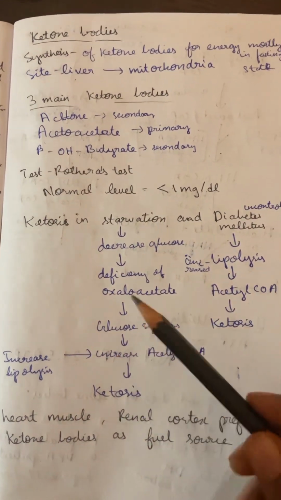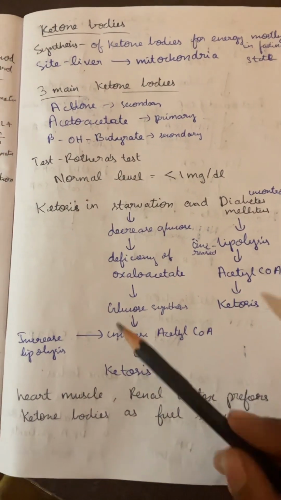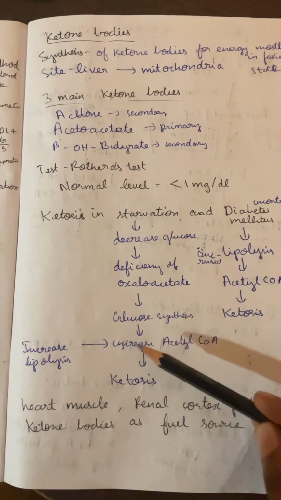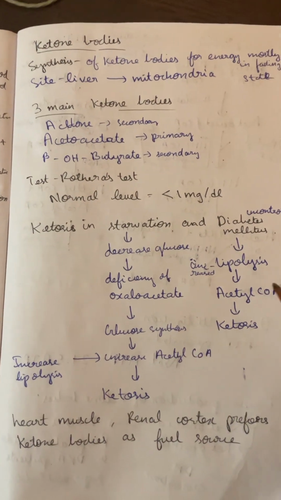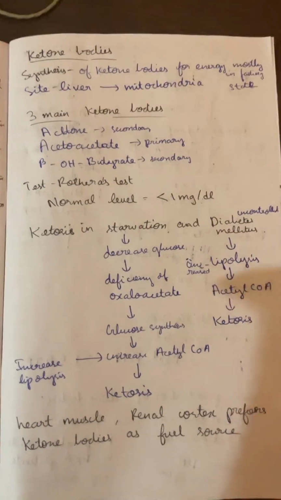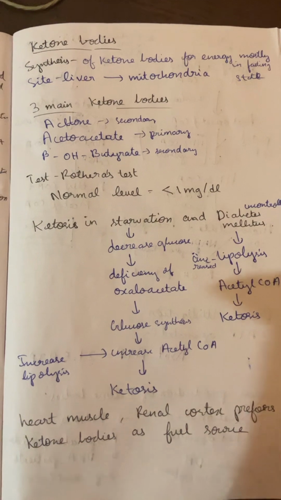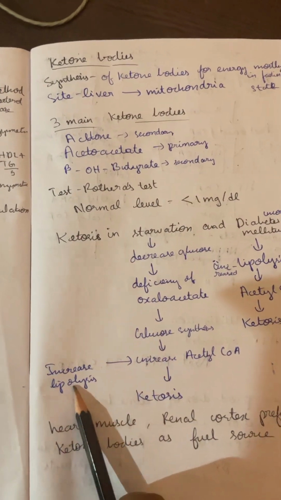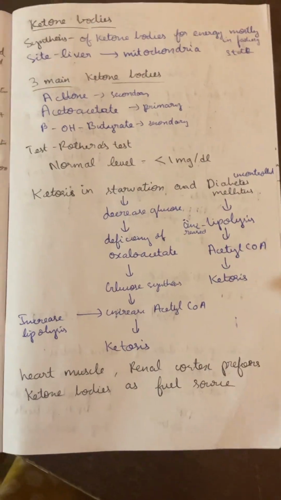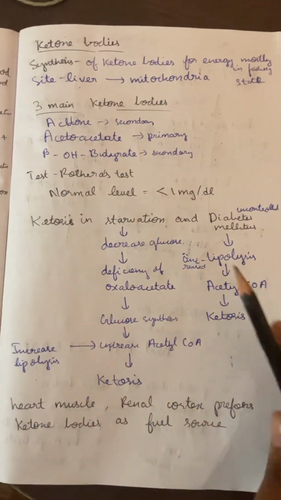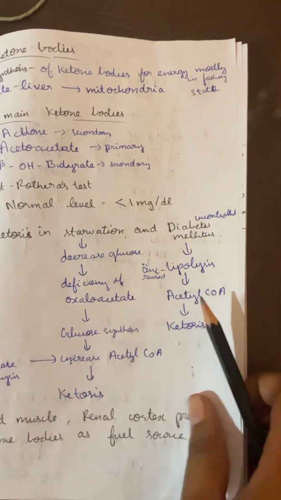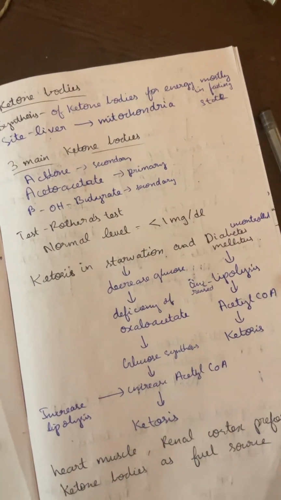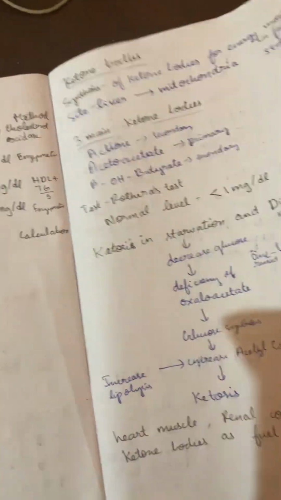Now they are going to start glucose synthesis, and because gluconeogenesis is stimulated, acetyl CoA will also increase, because glucose gives pyruvate, which gives acetyl CoA. From that there is also increased lipolysis and ketosis. Everything will lead to ketosis in the end in starvation and diabetes mellitus, if they are not taking food for a long time, not diagnosing it and not taking medicine.